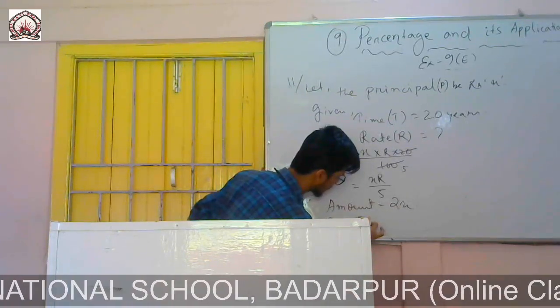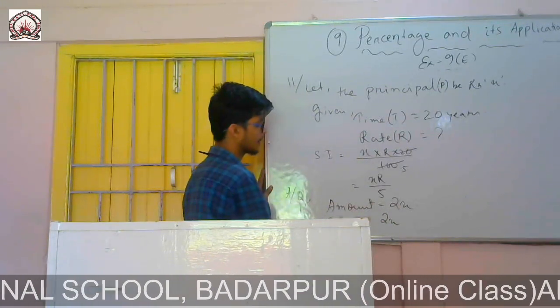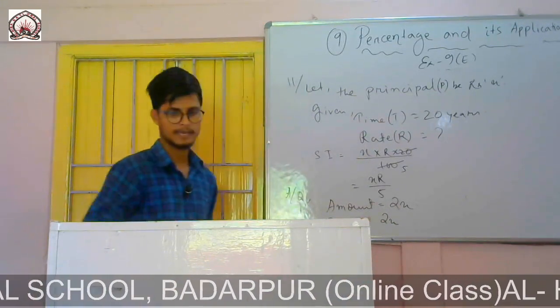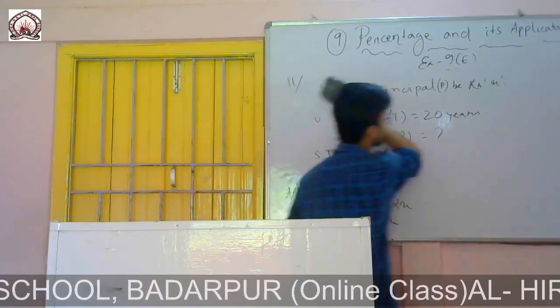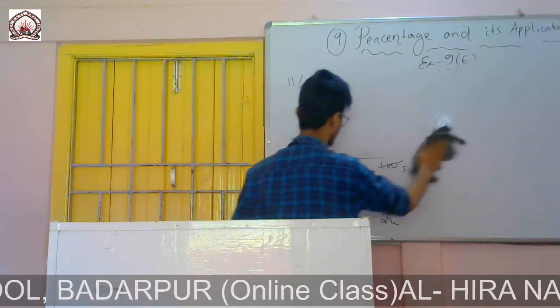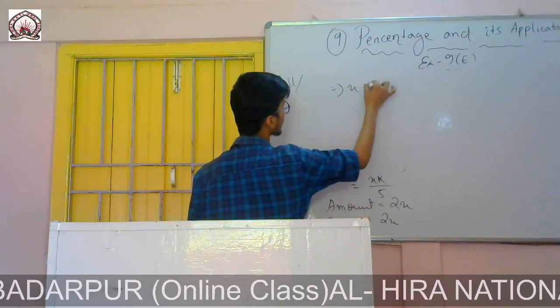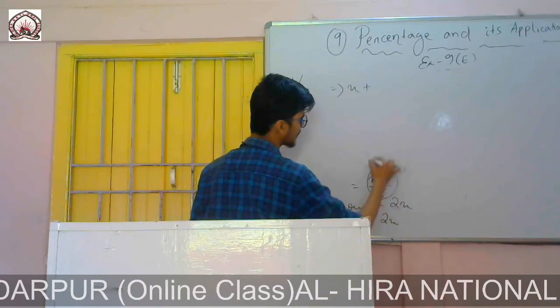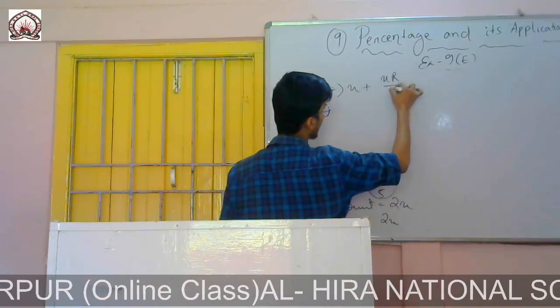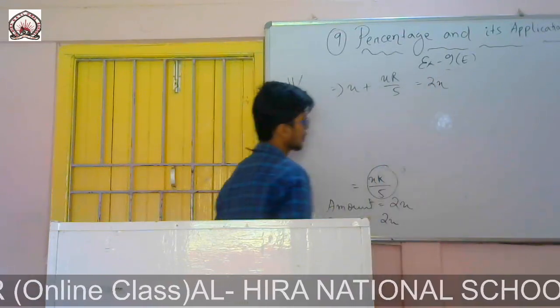Principal plus SI equals twice X. If you simply solve this one, you will get the rate. So principal is X, SI is XR by 5, which equals twice X.